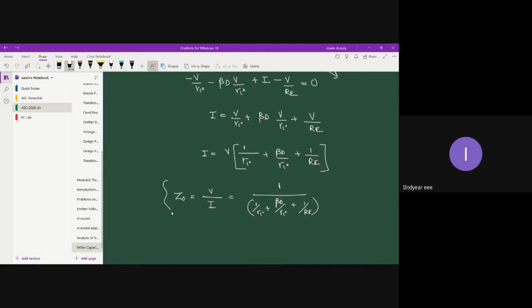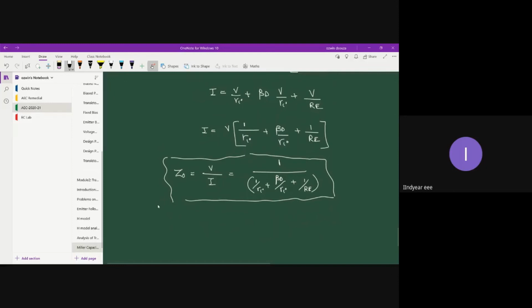Okay, so that's your Z. Or because you're taking out the ratio, you can directly write Z0 as three resistors connected in parallel.